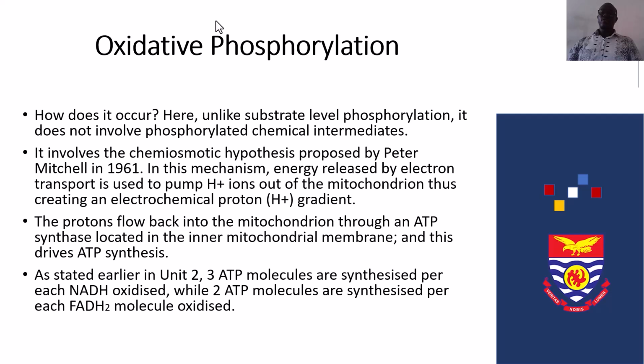The protons flow back into the mitochondrion through an ATP synthase located in the inner mitochondrial membrane, and this drives ATP synthesis. As studied earlier in Unit 2, 3 ATP molecules are synthesized per each NADH oxidized, while 2 ATP molecules are synthesized per each FADH2 molecule oxidized.